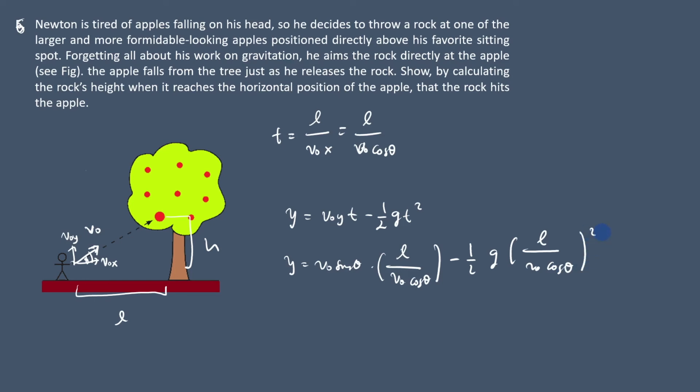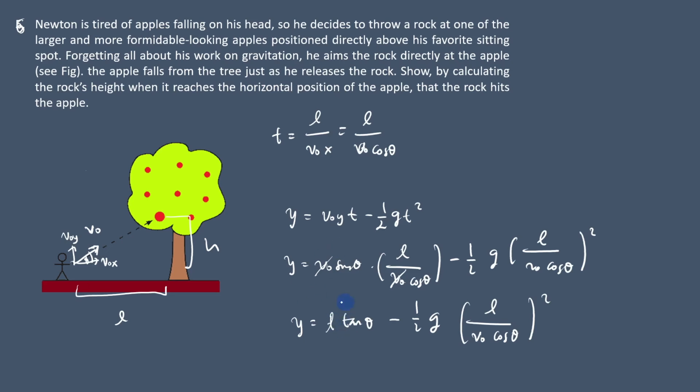Okay, and we can simplify this equation. We get L tan theta minus 1/2 G L over VO cos theta squared. Okay, this is the height of the ball. Oh, sorry, the rock.